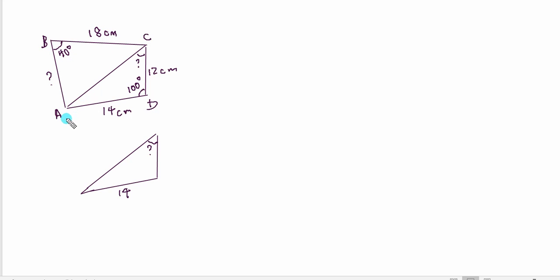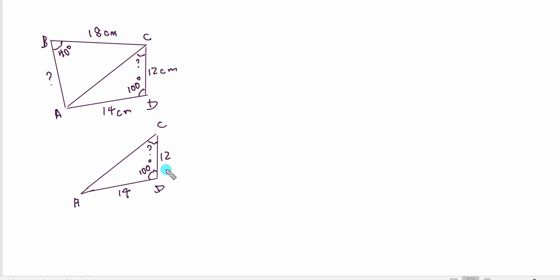So you have to go and look at A, D, C. In this triangle you have 14, 12 and 100 degrees as the angle between the two lines.